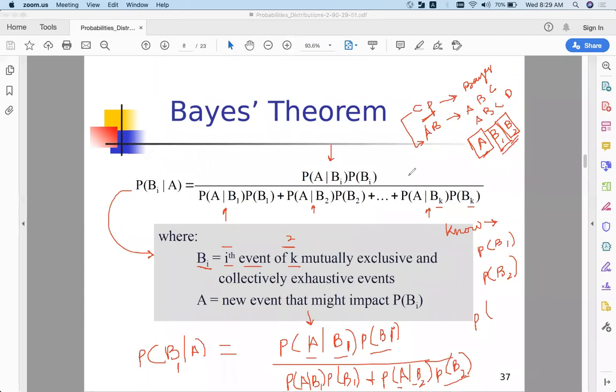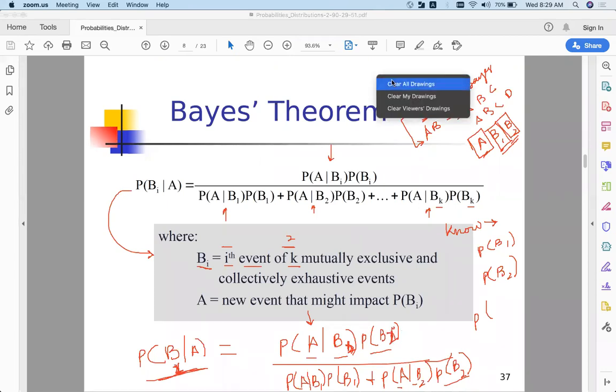Is there any confusion? I can be 1 or 2, anything. That is what this formula is trying to explain. You can replace B1 with B2. If it is B2 here, you will get B2 here, and you will get B2 here.